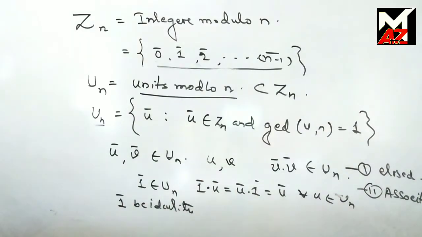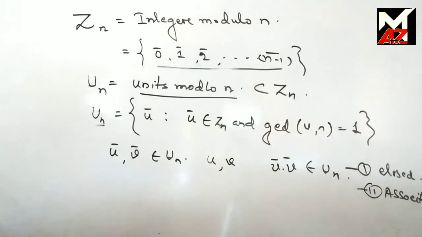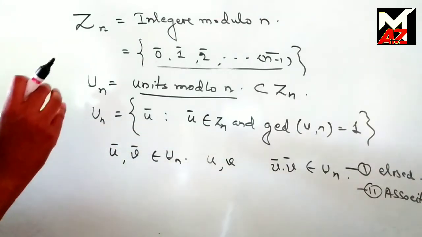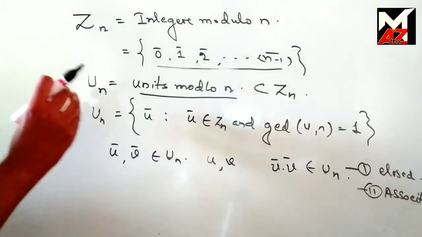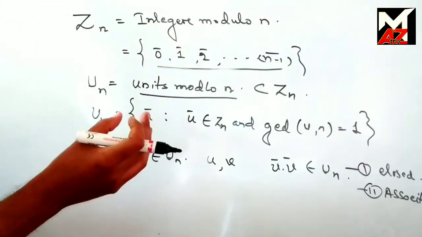Also, it is clear that we first take those elements of Zn which have an inverse.